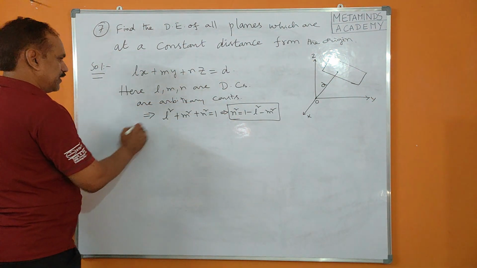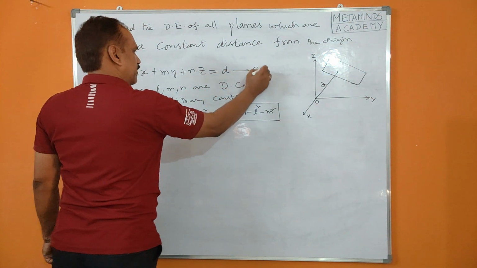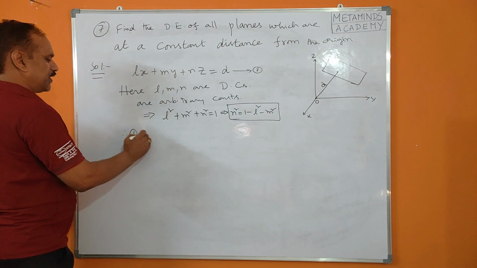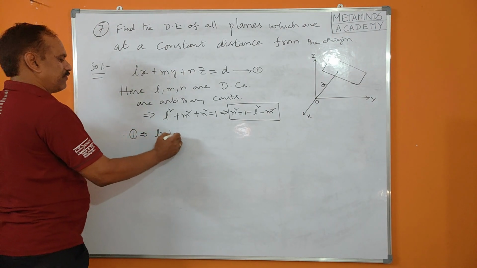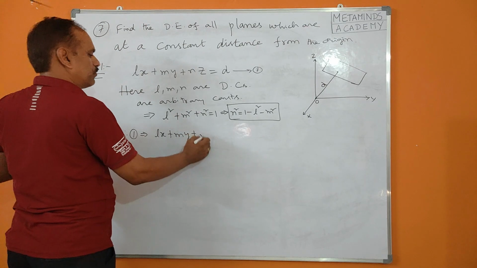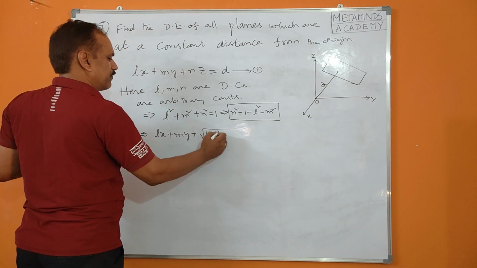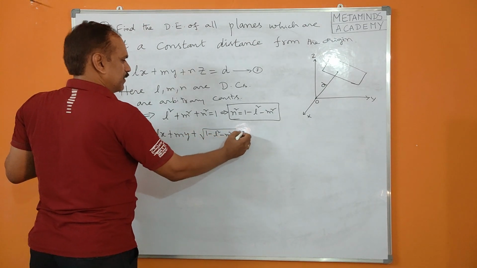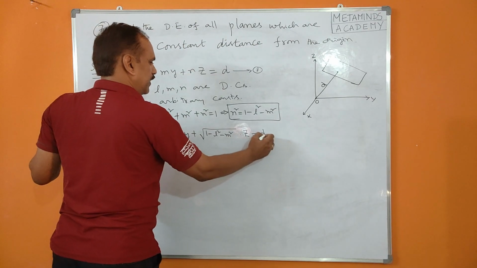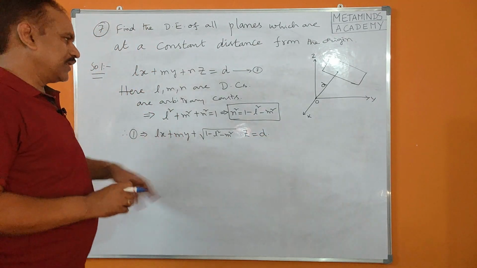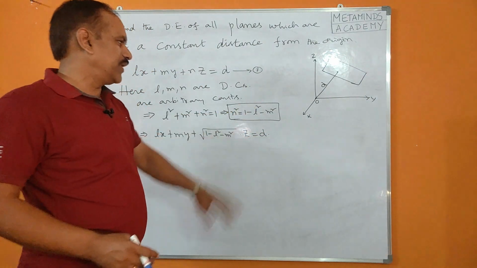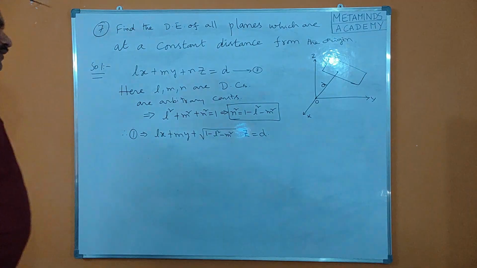Therefore, equation 1 becomes Lx plus My plus root over 1 minus L square minus M square into Z equal to D. N square is this, so N is root over 1 minus L square minus M square.